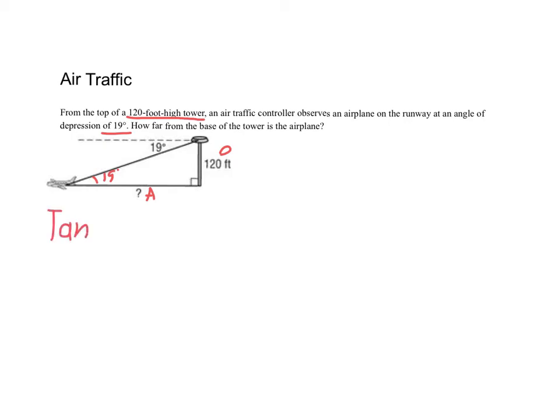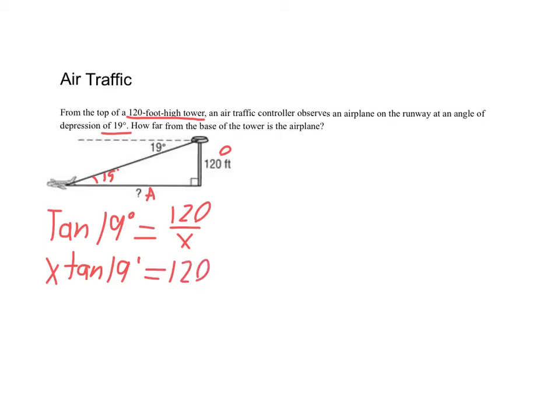The tangent of 19 degrees is equal to my opposite of 120 divided by my unknown value, the adjacent. I'm going to multiply both sides by x. So x times the tangent of 19 degrees is equal to 120.